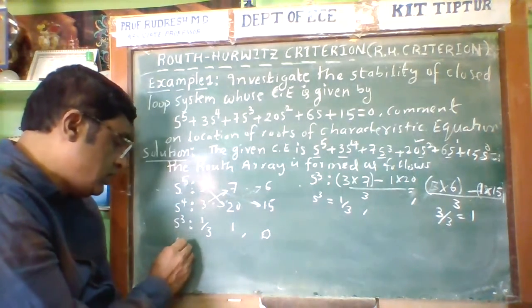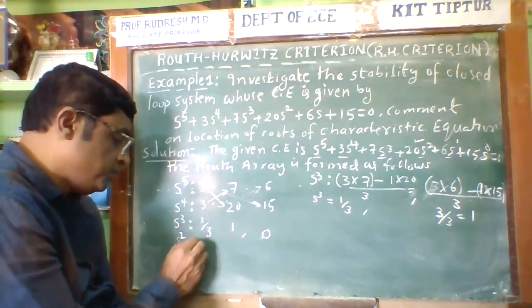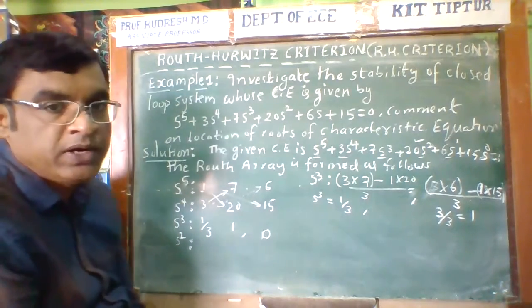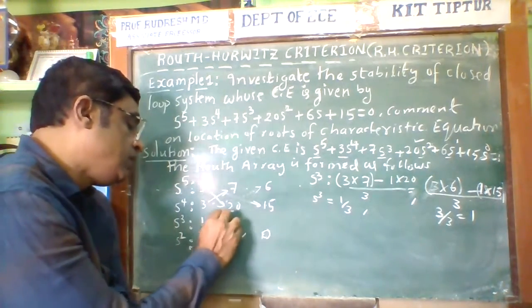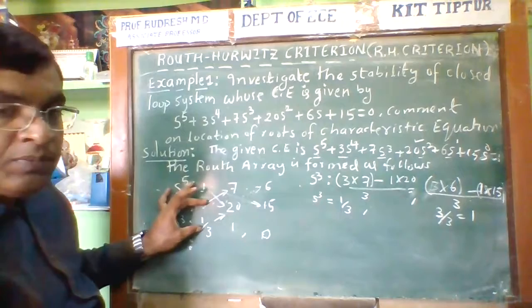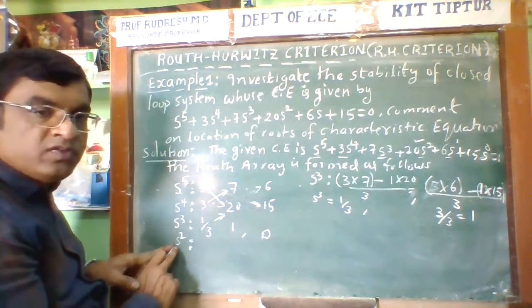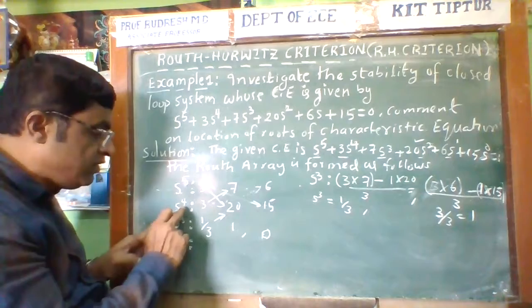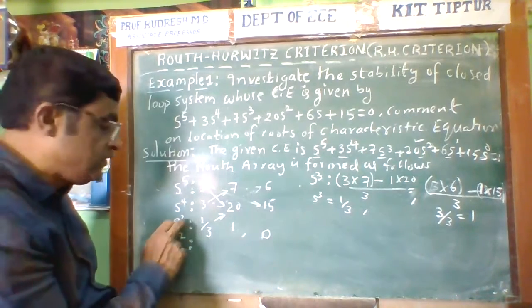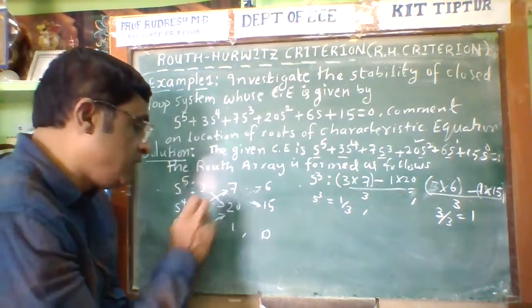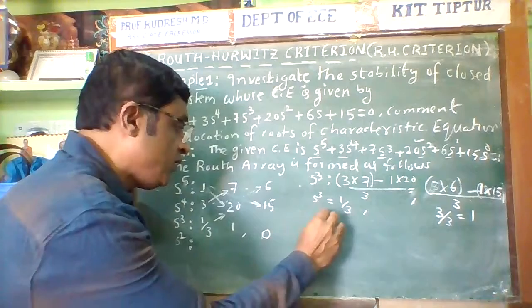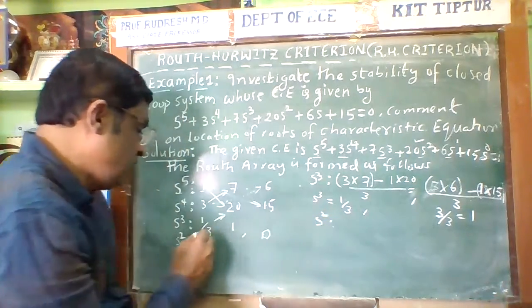Now similarly, the S square row, the first element can be formed by utilizing the previous two rows' elements. So the S square row can be formed by utilizing the S4 row element and the S3 element. Therefore, what is the value of S square?